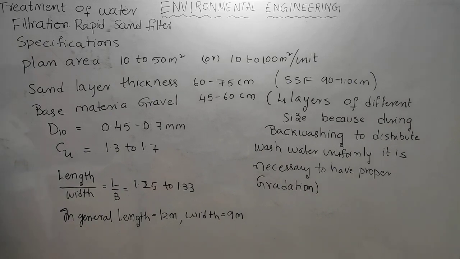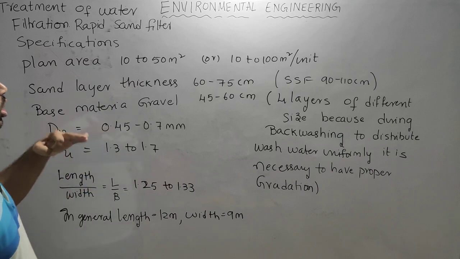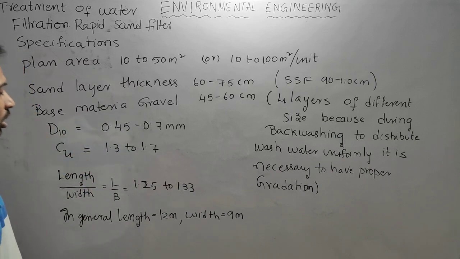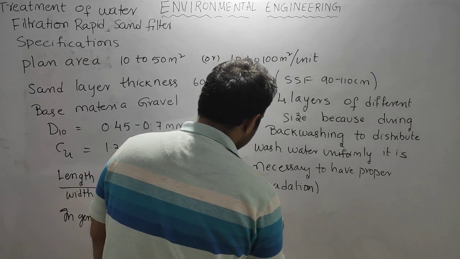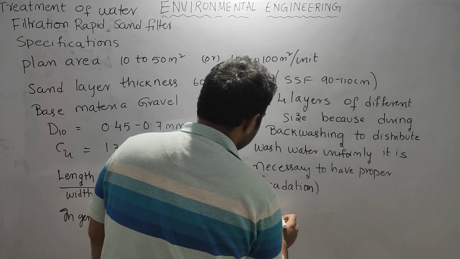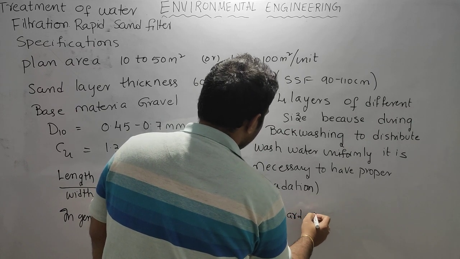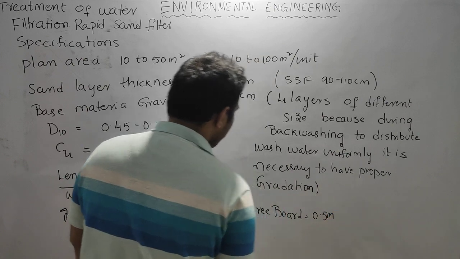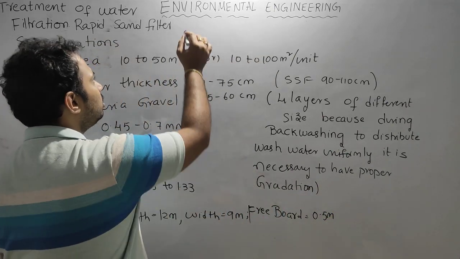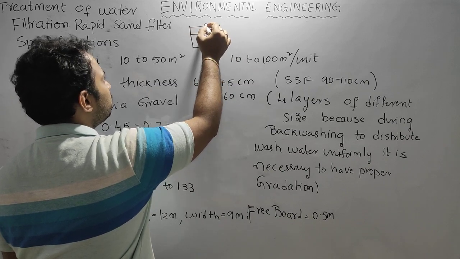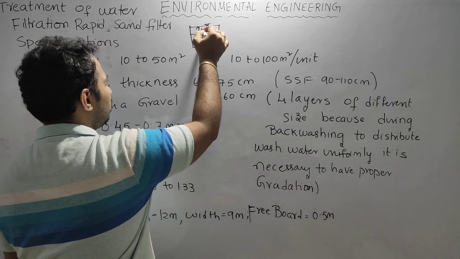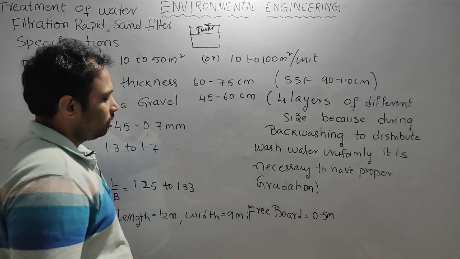And freeboard, we keep a freeboard of 0.5 meter, and depth of the water above the sand layer is 1 to 2 meter. Water column means if you take a tank, this is sand bed, and this is the water column.